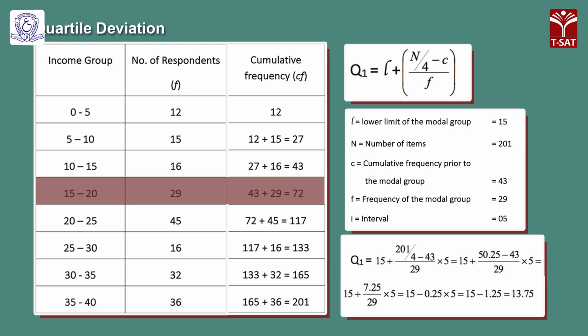Q1 is equal to L plus (N divided by 4 minus C) divided by F into I, which is equal to 15 plus (201 divided by 4 minus 43) divided by 29 into 5, which is equal to 15 plus (50.25 minus 43) divided by 29 into 5, which is equal to 15 plus 7.25 divided by 29 into 5, which is equal to 15 minus 0.25 into 5, which is equal to 15 minus 1.25, which is equal to 13.75.